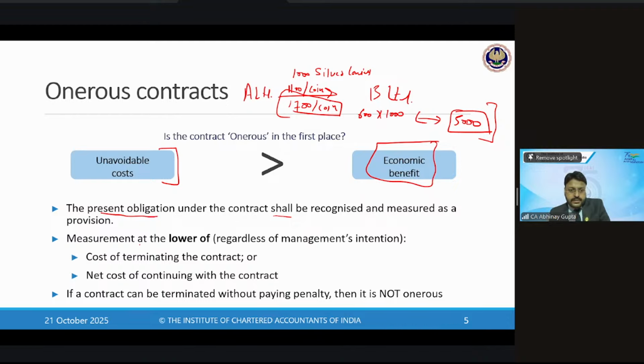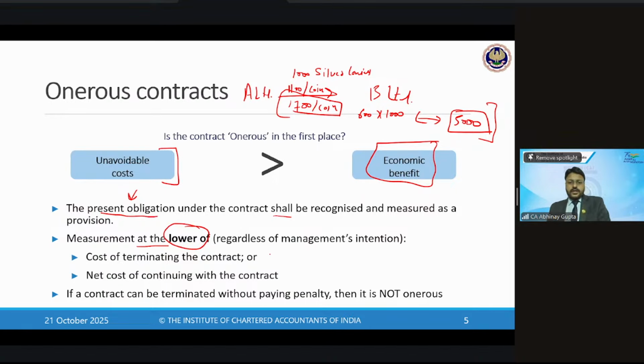That measurement is at the lower of the two, right? So a present obligation is arising in this case, because the contract has been there between the companies, and a provision will be required. Now, what is the cost of the provision? We need to measure the provision before recording the entry.